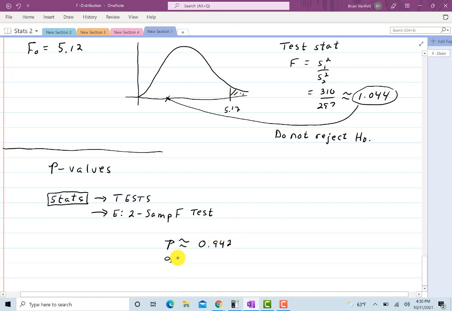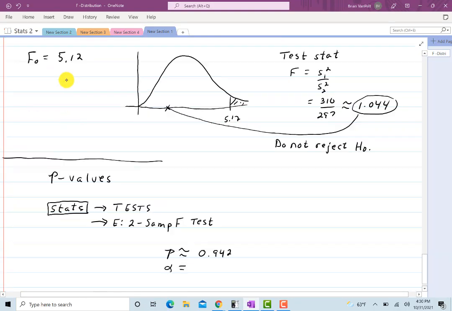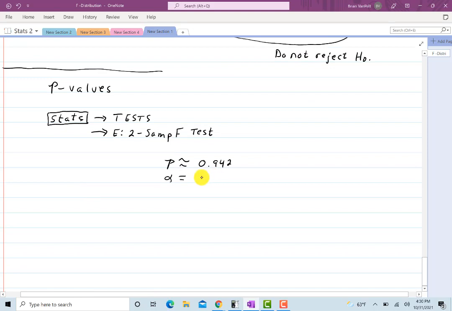And alpha, the original alpha, what was it? Alpha was 0.05. So we can see P is quite a bit bigger than alpha. P is greater than alpha. Do not reject H naught.